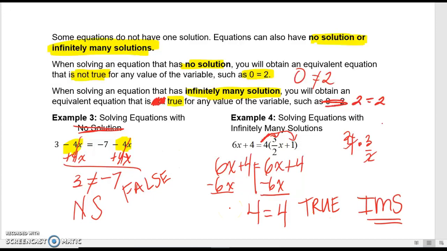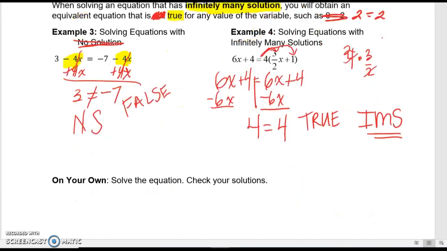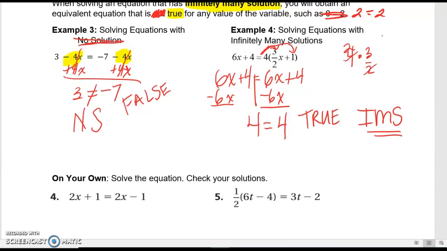And then just to give you a little bit more vocabulary on this one, on the right-hand side, when both sides are exactly the same, we call that an identity. Okay, so as soon as you can see right up here that both sides of your equation are going to look exactly the same, you can prove that that's going to be an infinitely many solutions.